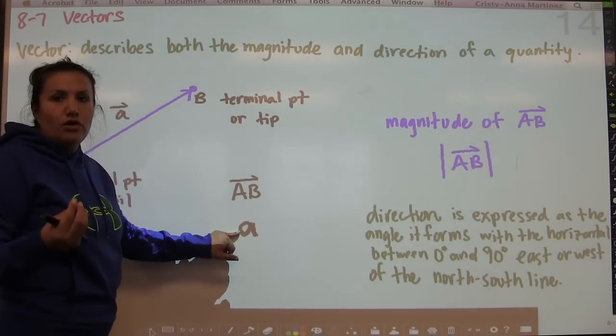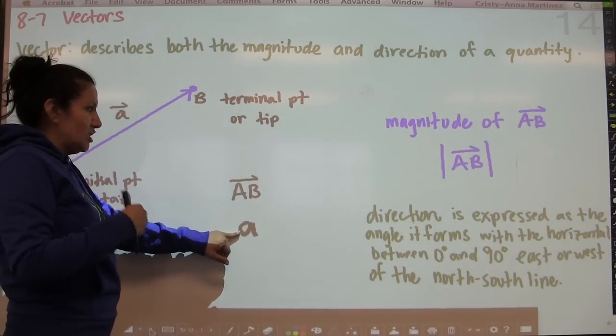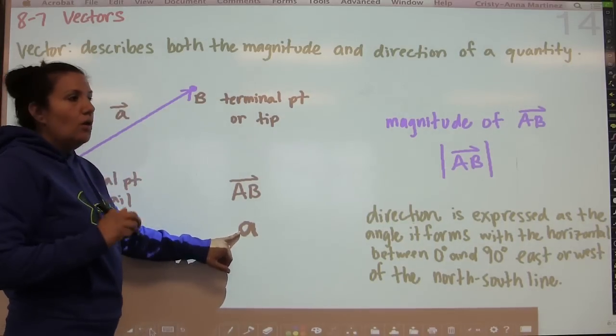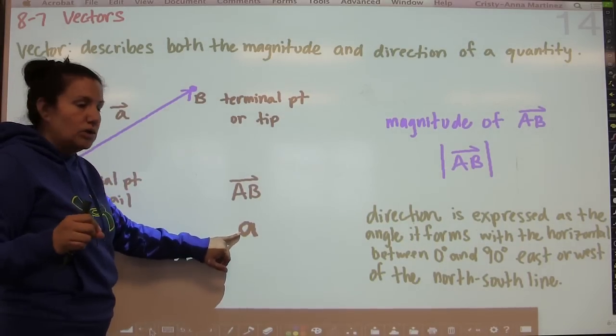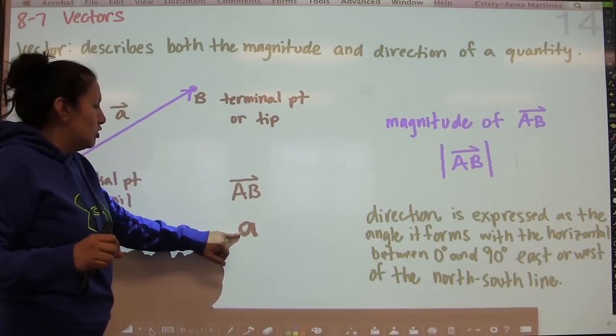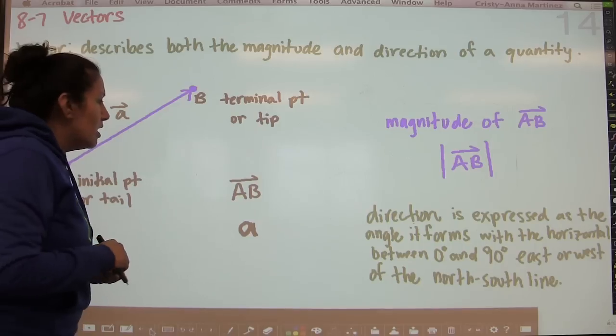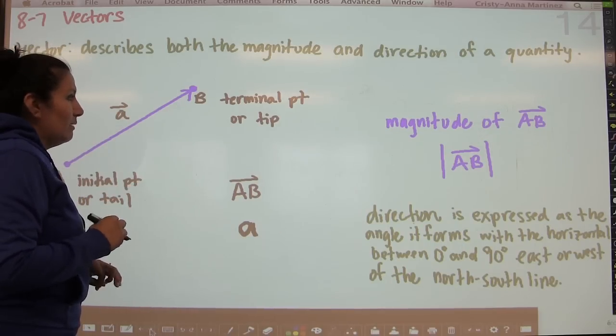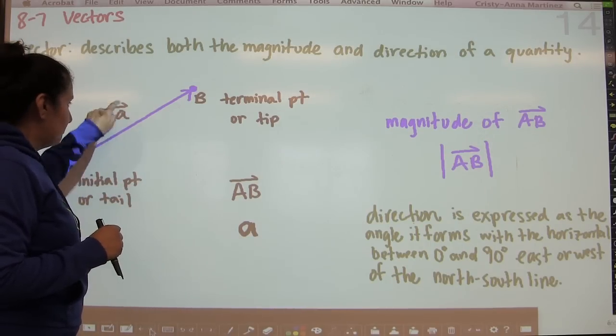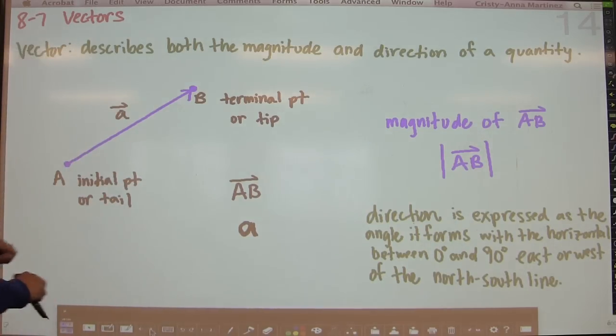It's really hard for me as a teacher to write bold on the board, or for you as a student to write bold on your paper. So usually you only see this format in a textbook, but when you do your work, we're going to be using the little half arrow.